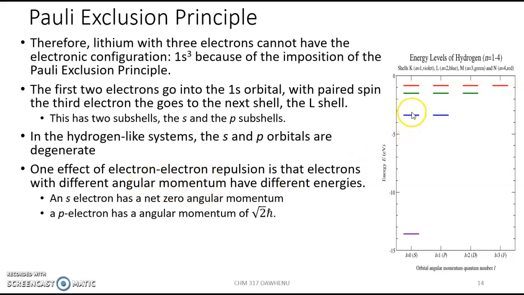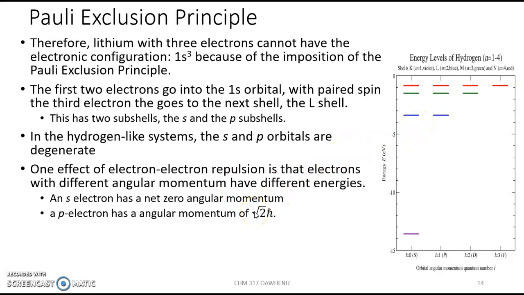So s has a net zero angular momentum, and p has an angular momentum with the value of root 2 h bar, where h bar is the reduced Planck's constant. For hydrogen, s and p have the same energy level. However, for a multi-electron system, they are not degenerate.